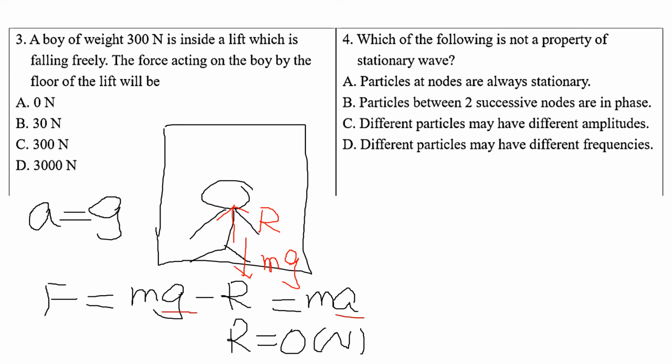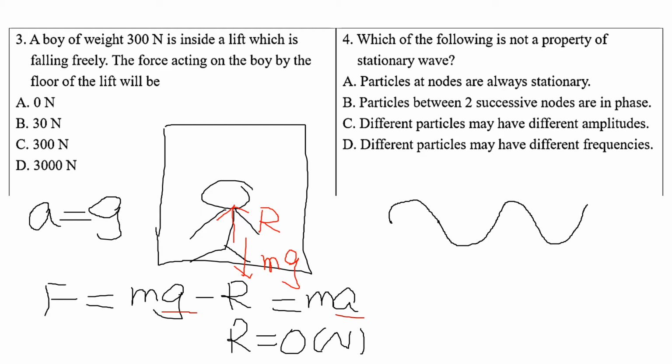The second one: which of the following is not a property of a stationary wave? Particles at nodes are always stationary. First we can draw a simple stationary wave.